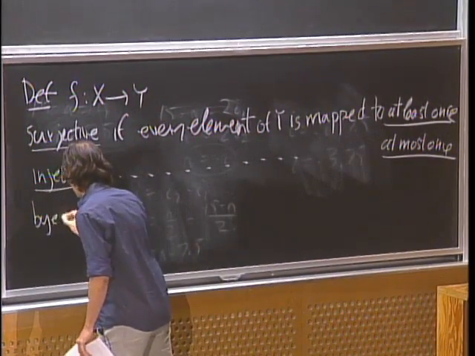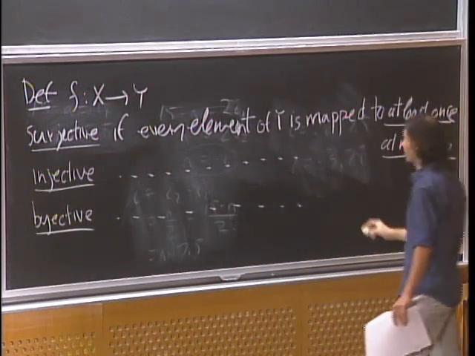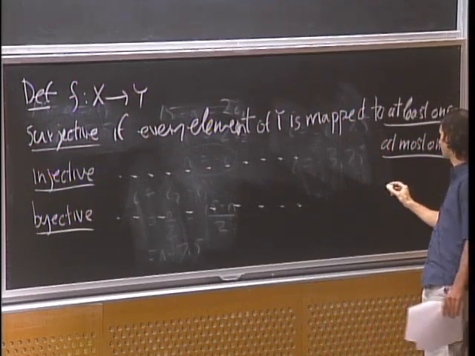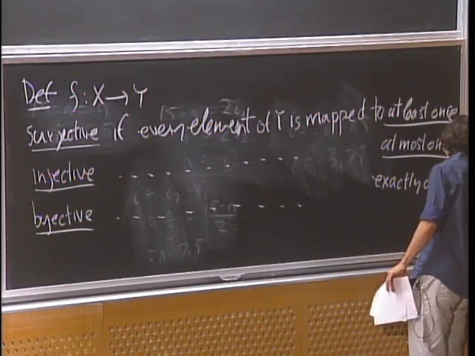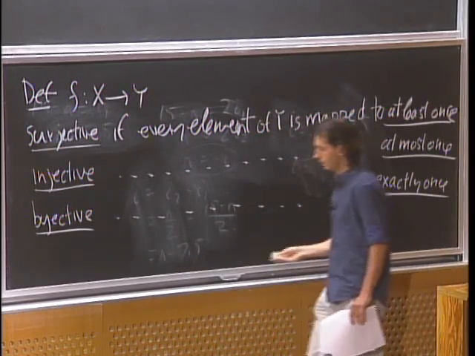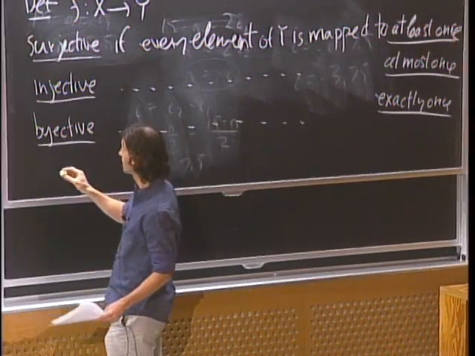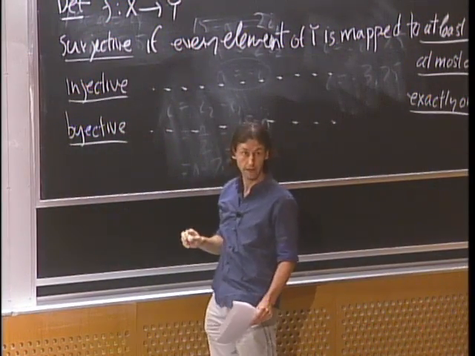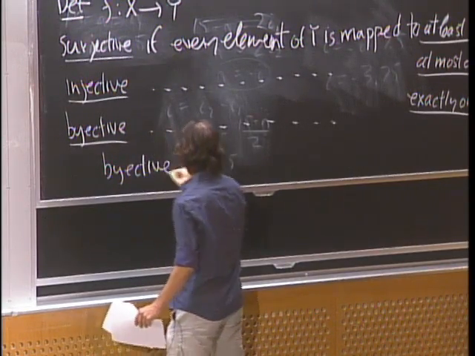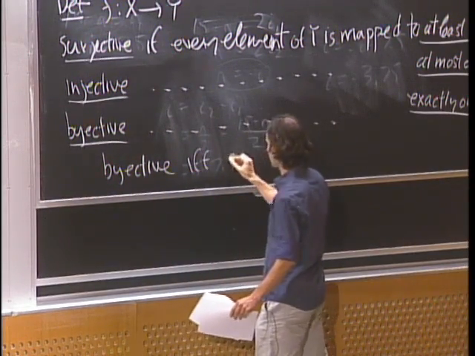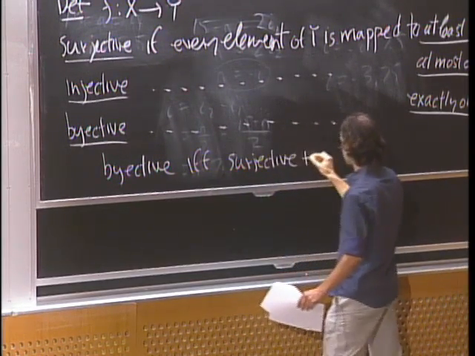Bijective is if we have that every element of Y is mapped to exactly once. And we can see that a function is bijective if and only if it is both surjective and injective. So bijective if and only if we have both the properties, surjective as well as injective.